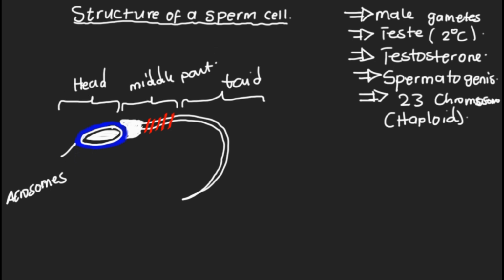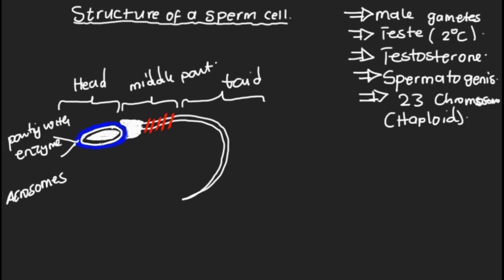Now, apart from the acrosome, just below here we have the part with enzymes, the same enzymes that we are looking at. The function of these enzymes, like I said, is that they are needed to penetrate the egg cell.